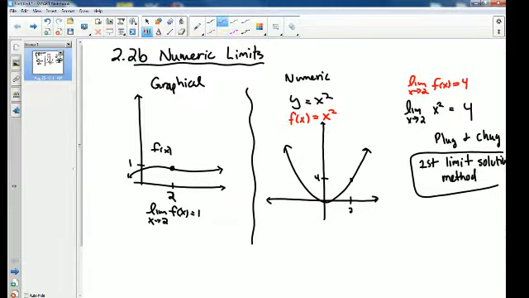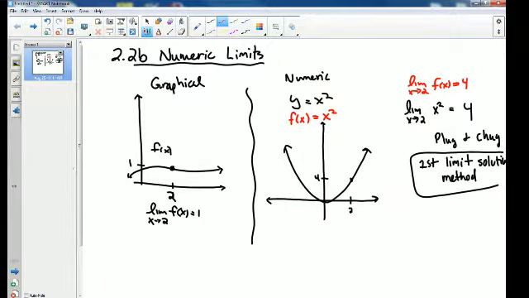Either of these works in that spot. If you see that, just know you're still plugging into the function. You're just evaluating the function. I think you can handle that.